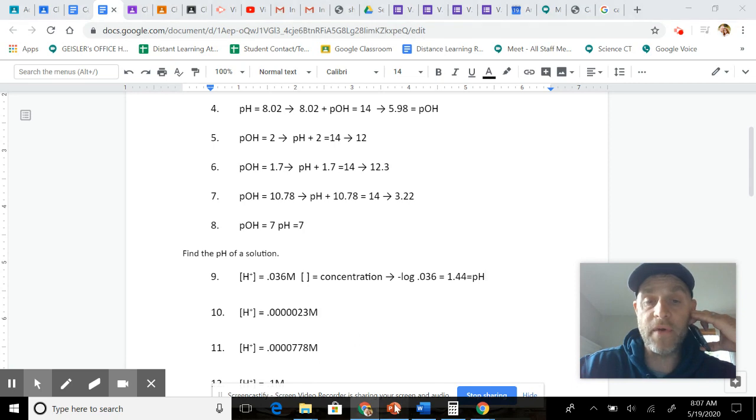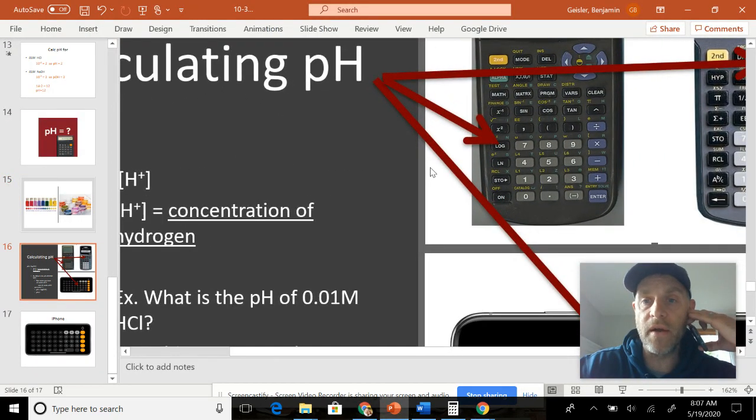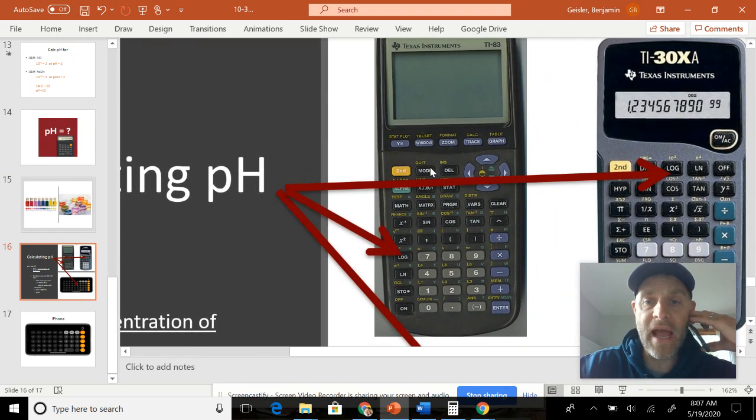Now, if you don't have one of those calculators, if you have one of these calculators, what do you do here? If I have my TI-83, I would just go 0.036, and then this negative button right here, log, enter.